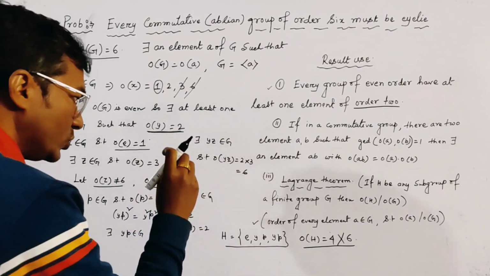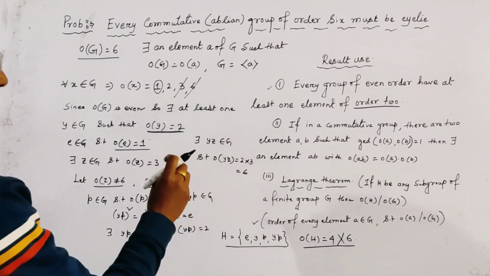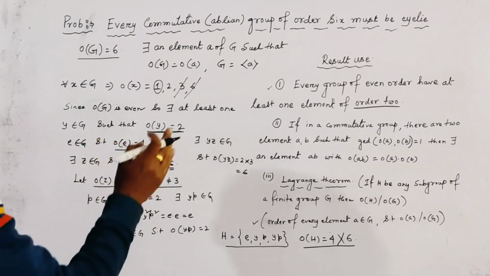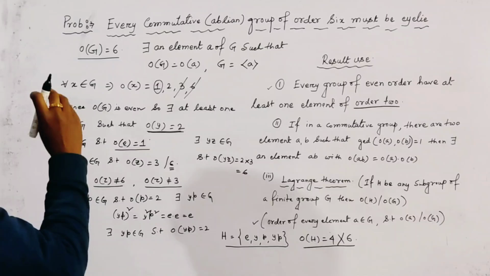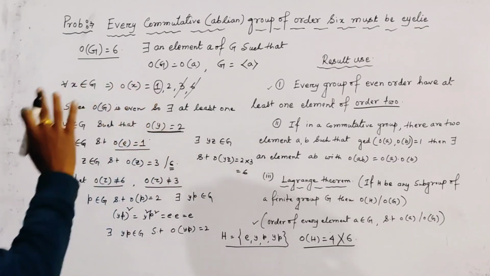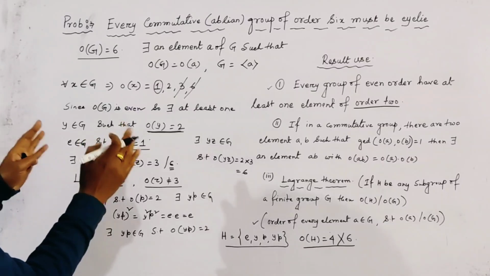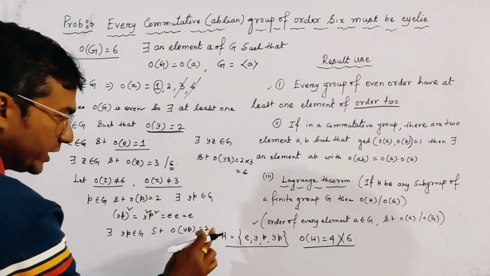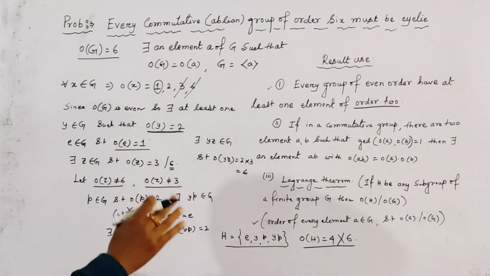So there must exist at least one element of G with order other than 2, because if we take all the non-identity elements of order 2, we arrive at a contradiction.